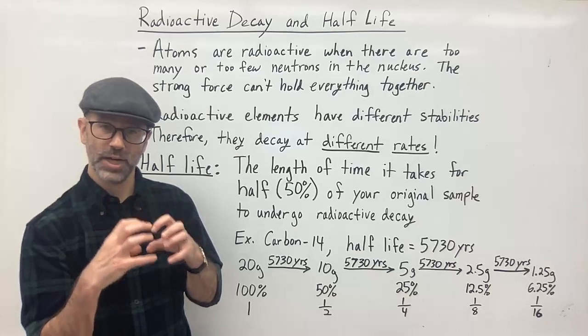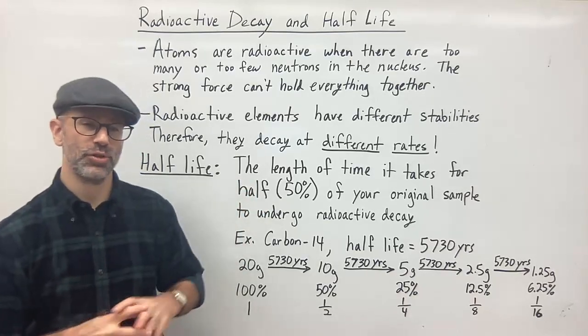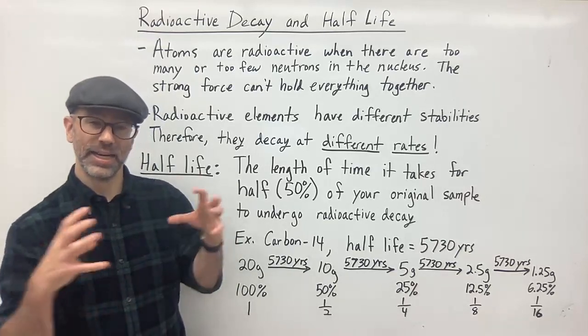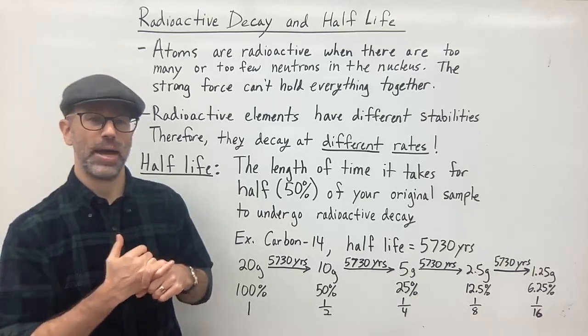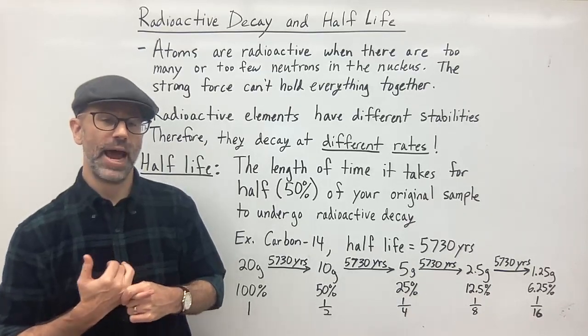So the protons are close to each other, and you also have neutrons in the nucleus as well. These protons and neutrons are really close to each other, and that's adding to the nuclear strong force. Well, if you have too many neutrons, or maybe even too few neutrons, this will make the atom unstable.